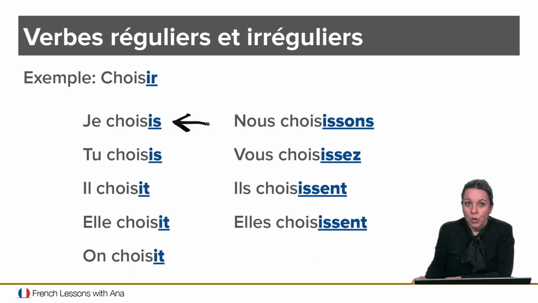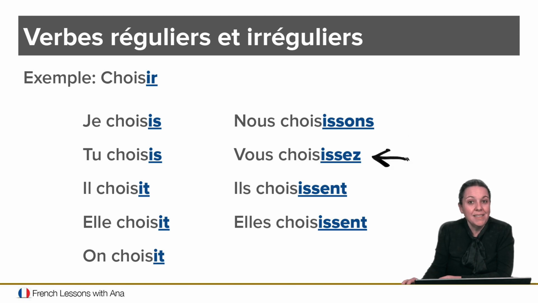So, je choisis. You still add that IS. This IS over here has nothing to do with the ending, okay? Tu choisis. Don't pronounce the S. Il choisit. Don't pronounce the T. Elle choisit. On choisit. And then, moving on. Nous choisissons.